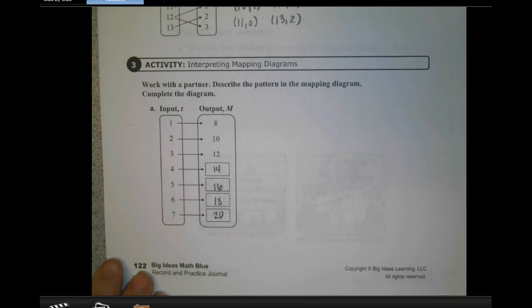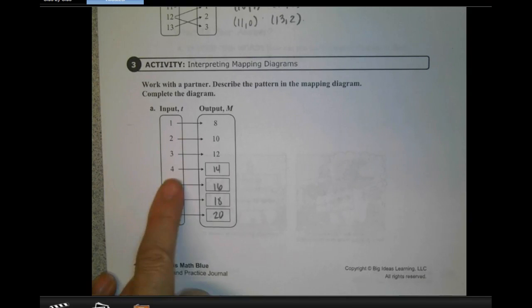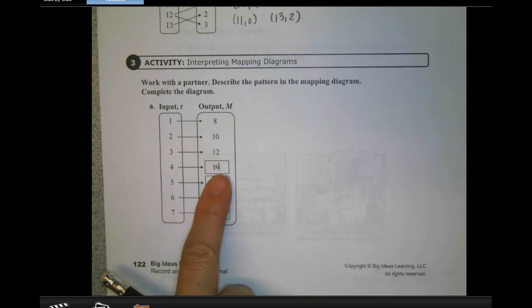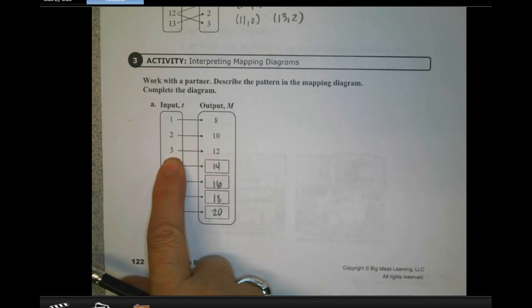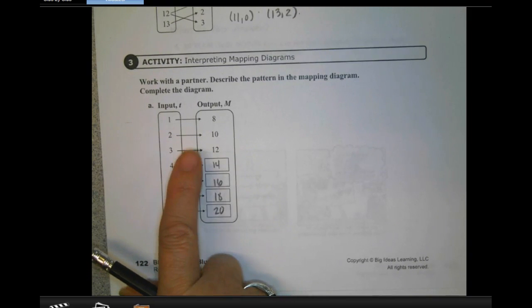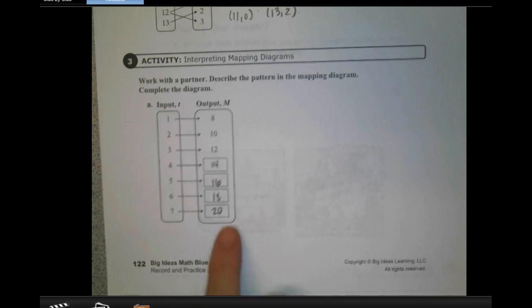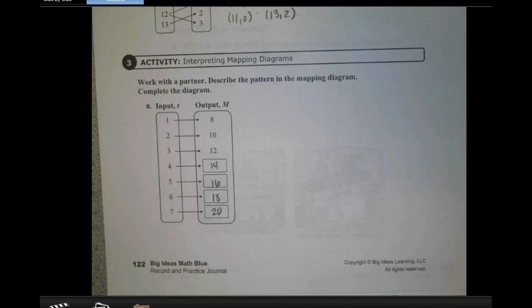So it's a little tricky, right? 4 times 2 is what? And how do I get 14 from 8? I add 5. Let's see. Does that work here? What's 3 times 2? 6 plus 5? Nope, that doesn't work. So how do I find the equation?